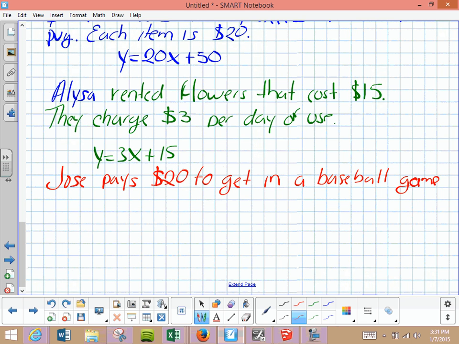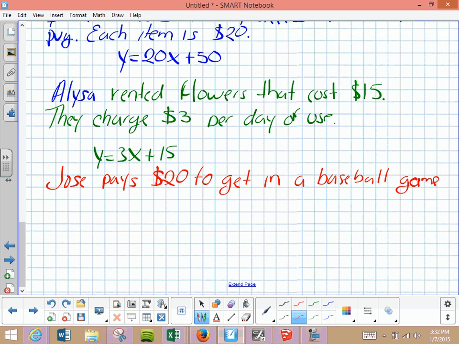Okay. Now what? Let me use that a little differently because the items have to be the same price to have the same rate. So hang on.